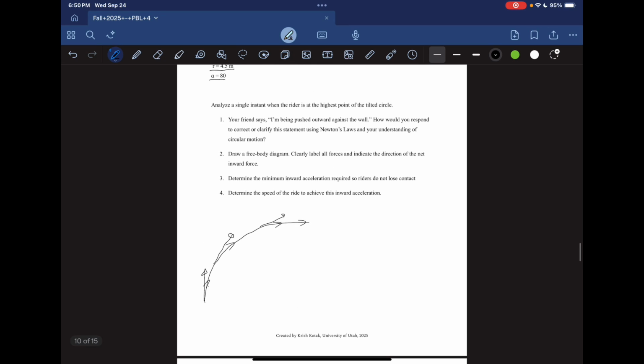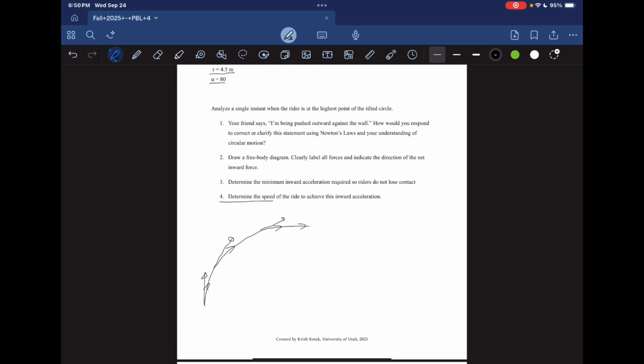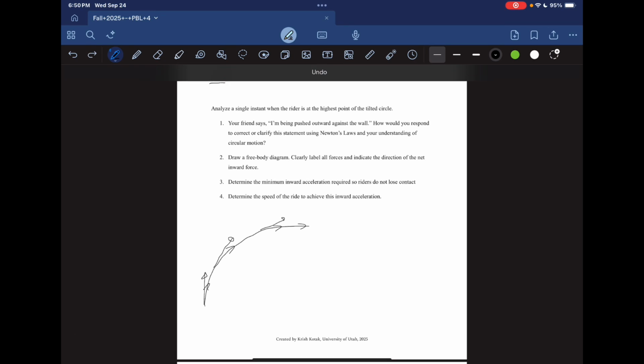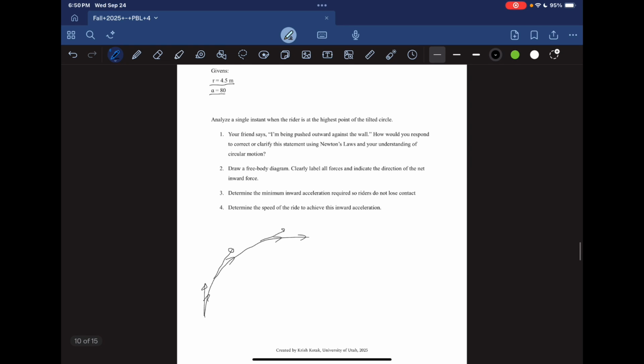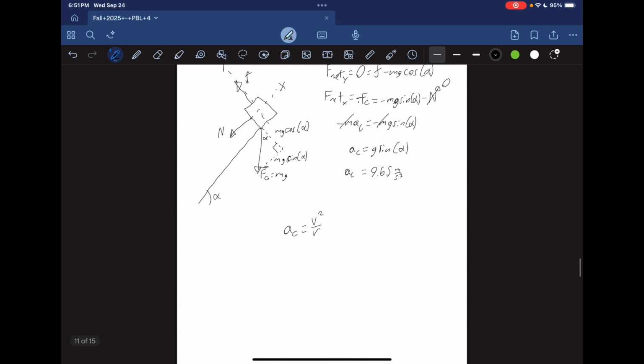Okay, the next question is the speed of the ride to determine this inward acceleration. You may recall from the earlier problem that centripetal acceleration is given by v squared over r. And we were given r in meters, and since this is already in meters as well, all we have to do is solve for v squared.